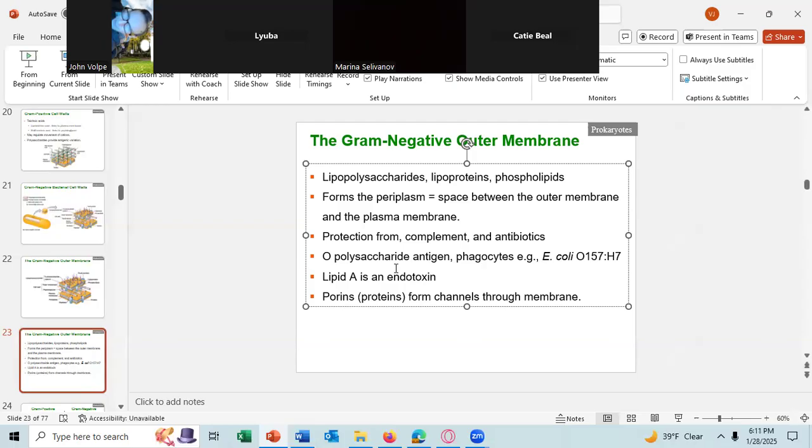So you only find endotoxin in gram-negative bacteria. We already talked about porin proteins acting as channels to get molecules into and across the cell membrane. All right, any question about any of that?